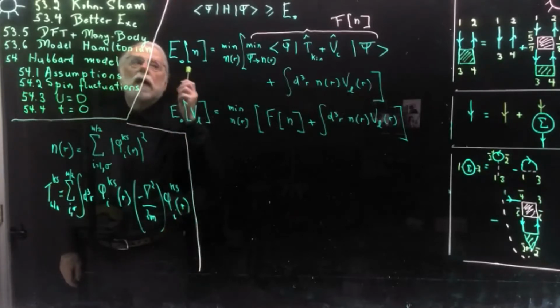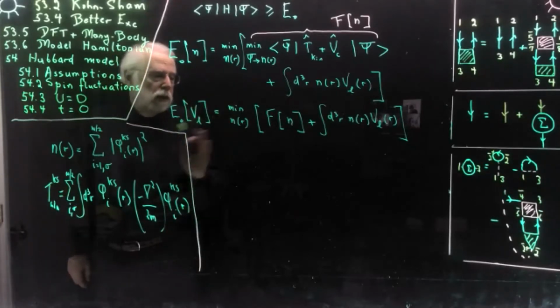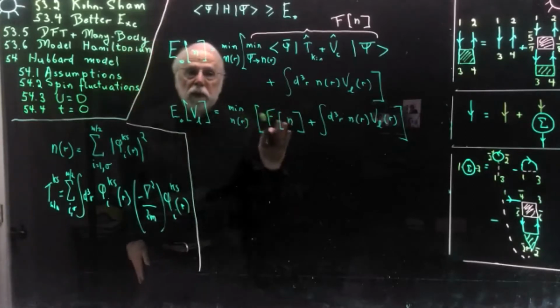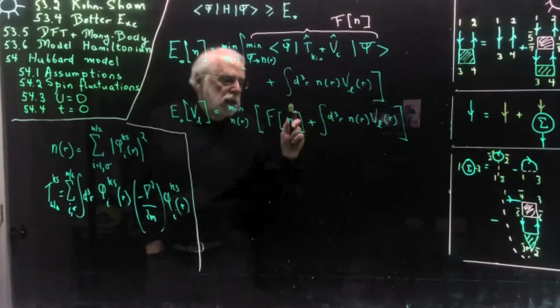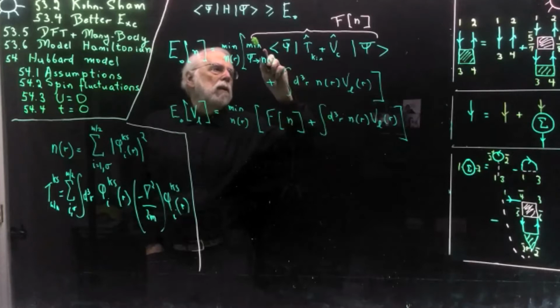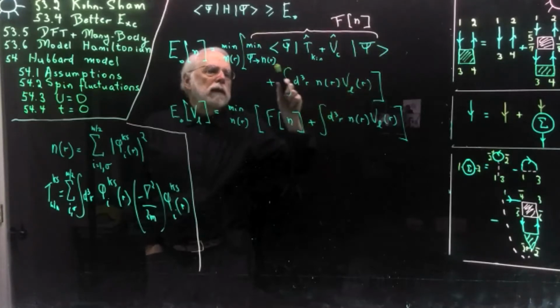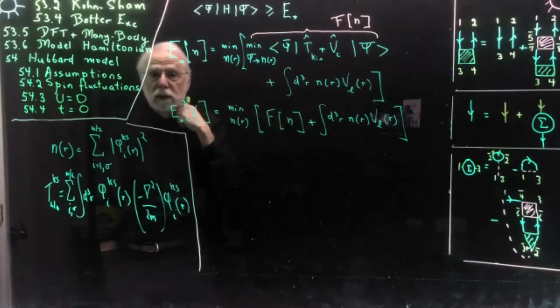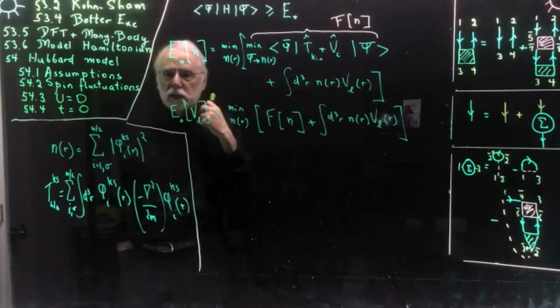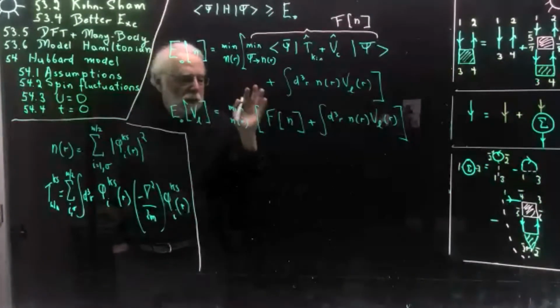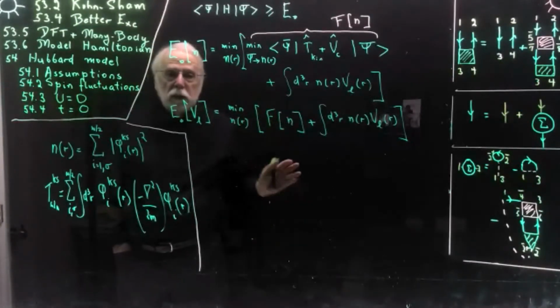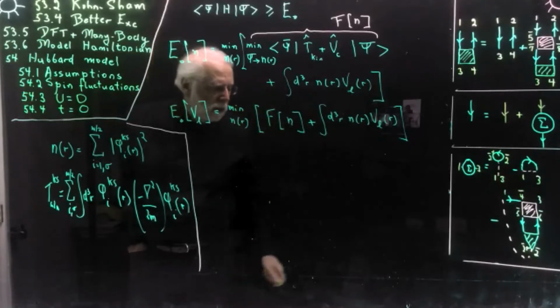So today I will continue a little bit to describe how it's done in practice and to show that this is written in such a way that there's a functional that we don't know, called the exchange correlation functional. But since it's universal, it means that it should work for all materials.